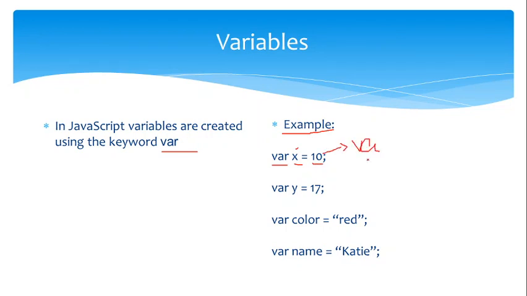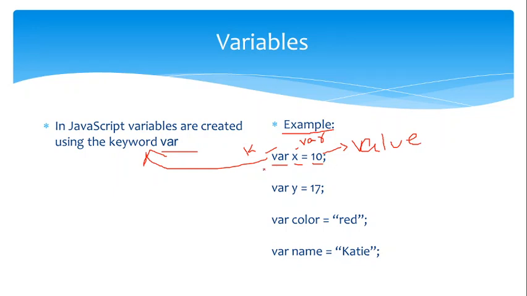This is the keyword, the variable name, and the value, and the semicolon is the termination.